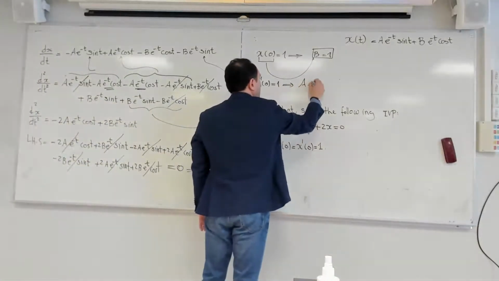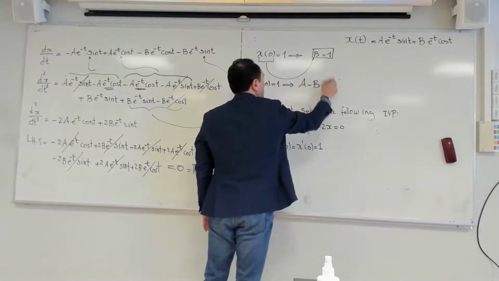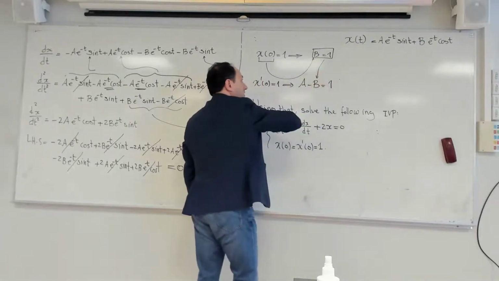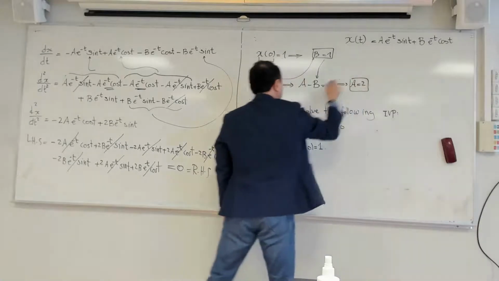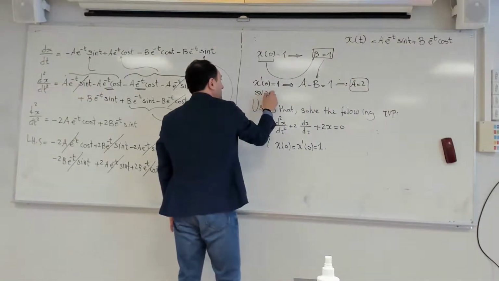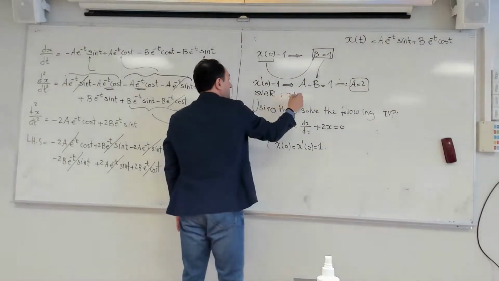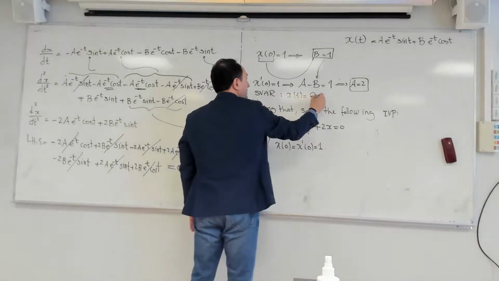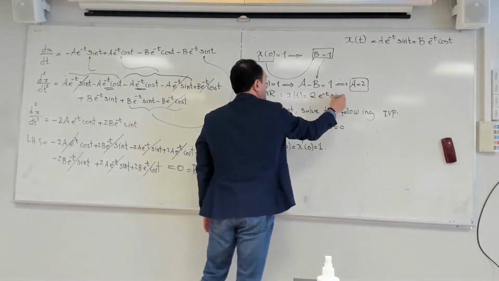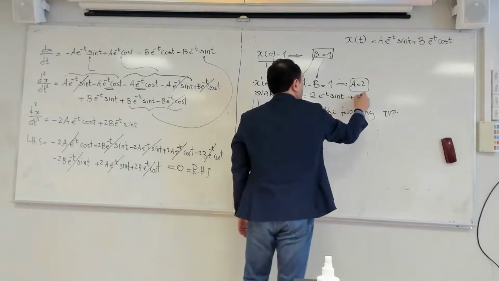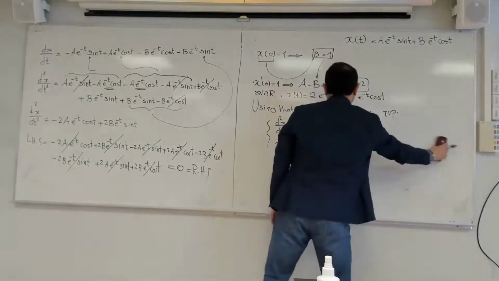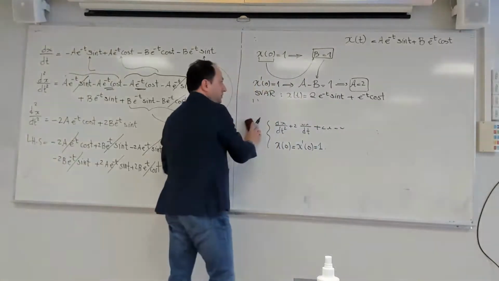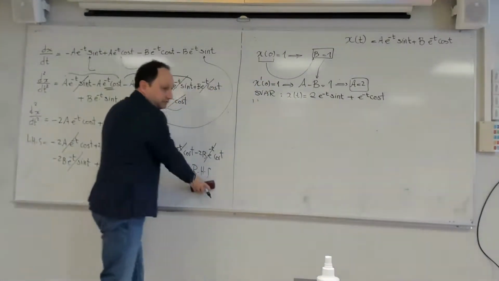So a minus b is equal to 1. But I already knew that b is equal to 1. So a becomes 2. So what you need to answer for this part is x of t is equal to 2 e to power minus t sine t plus e to power minus t cosine t. So that would be the answer to this initial value problem. Yes?